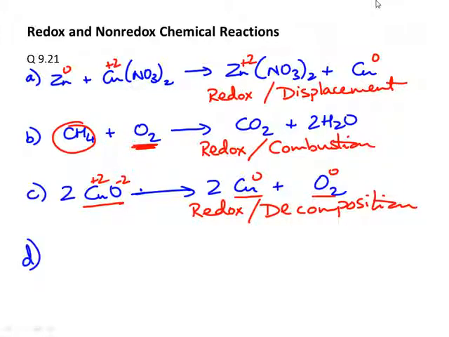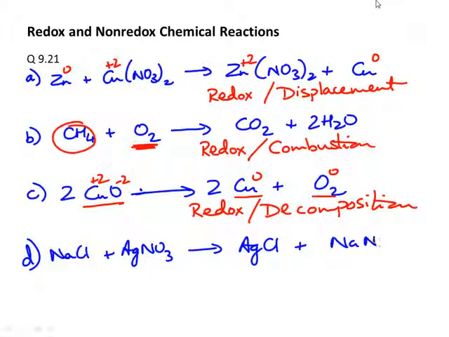D, sodium chloride plus silver nitrate making silver chloride and sodium nitrate. Now if you look at the charges of everything and the oxidation states of all the elements in this reaction, you will notice that there are no changes. Silver starts +1, stays +1. Sodium starts +1, stays +1.